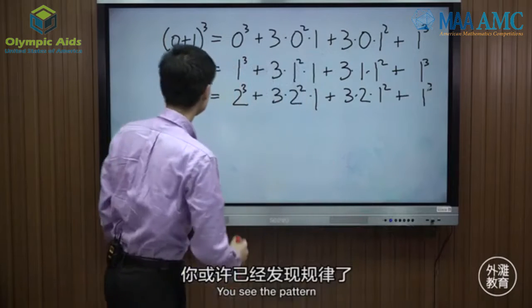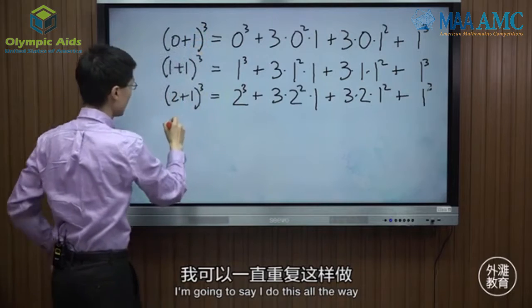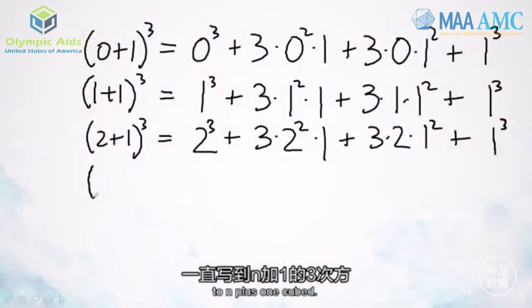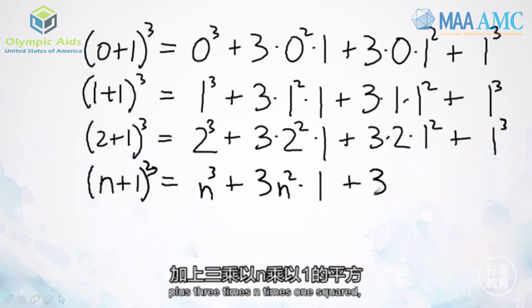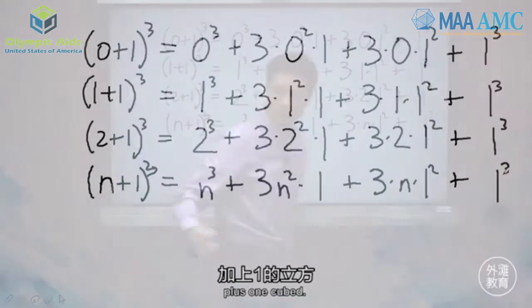And to see the pattern, I'm going to say I do this all the way to n plus 1 cubed, and that will be n cubed plus 3 n squared times 1 plus 3 n times 1 squared plus 1 cubed.